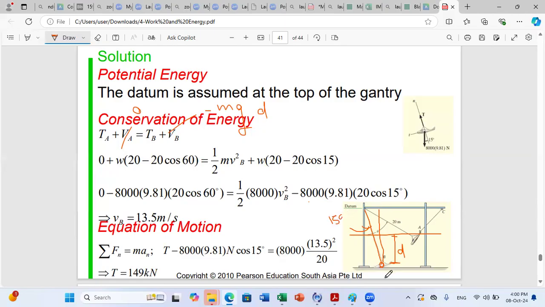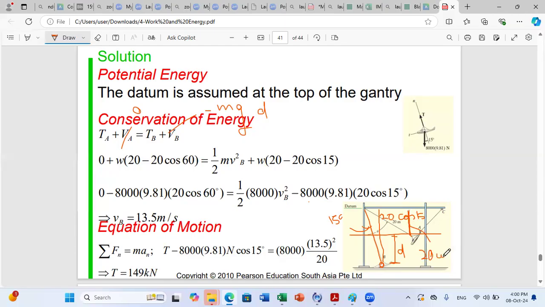This distance is 20 meters cosine 15. You should subtract from this distance, to get d, this distance here. And what is this distance? 20 cosine 60.